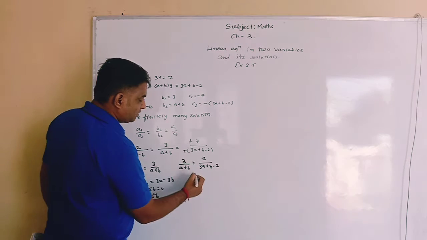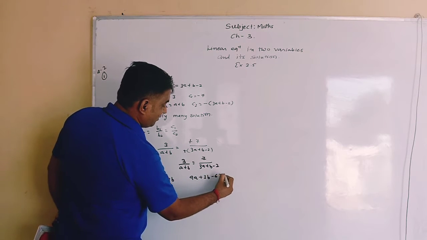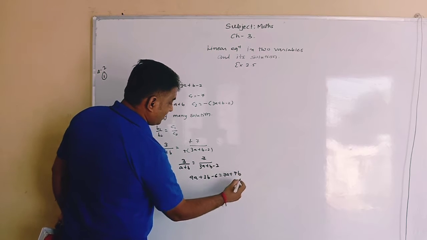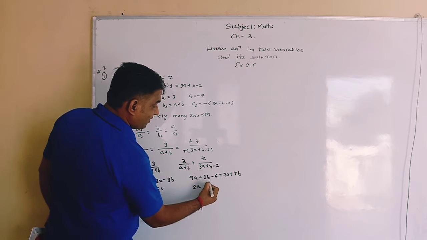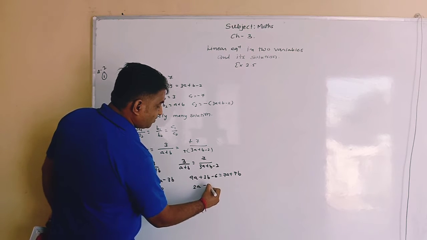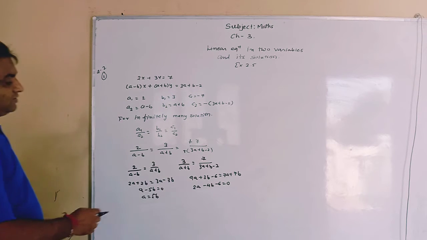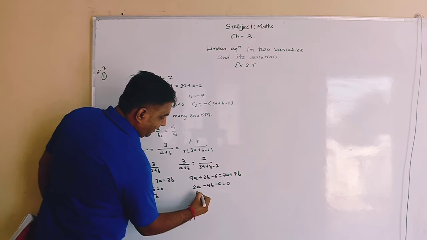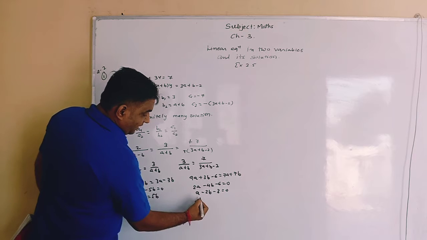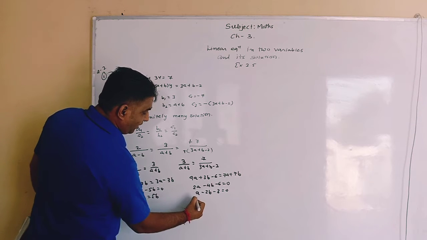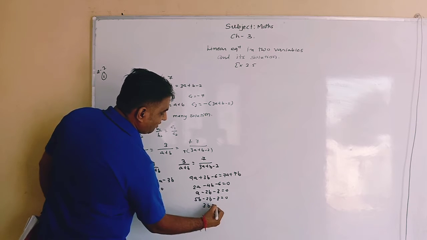Now cross multiplying the other, 3 times (3a + b - 2) gives 9a + 3b - 6 = 7a + 7b. Bringing both to this side, 9a - 7a = 2a and 3b - 7b = -4b, so 2a - 4b - 6 = 0. Dividing by 2, a - 2b - 3 = 0. Substituting a = 5b, we get 5b - 2b - 3 = 0, so 3b - 3 = 0.